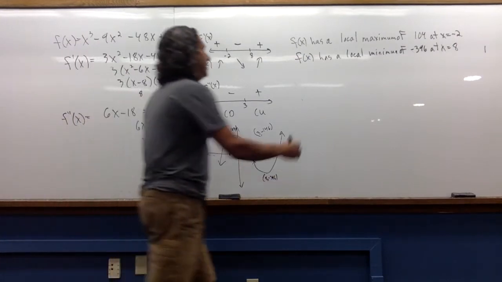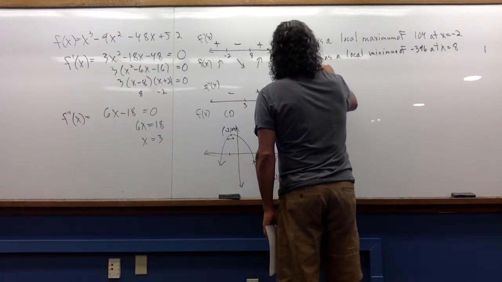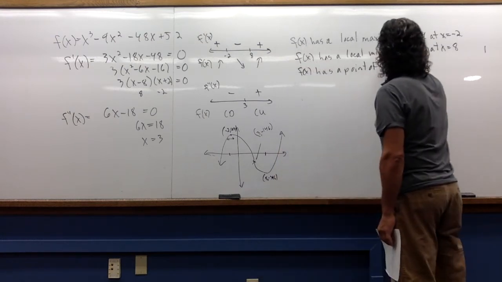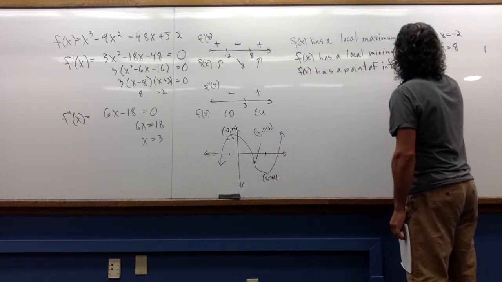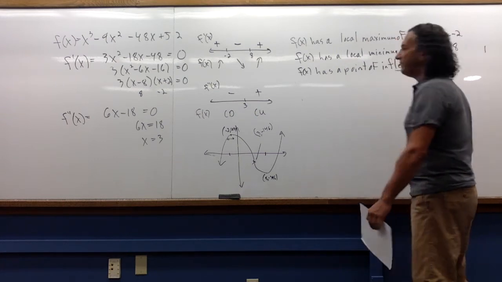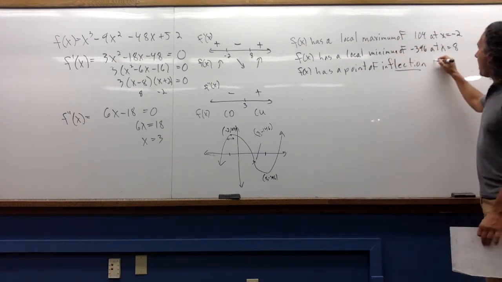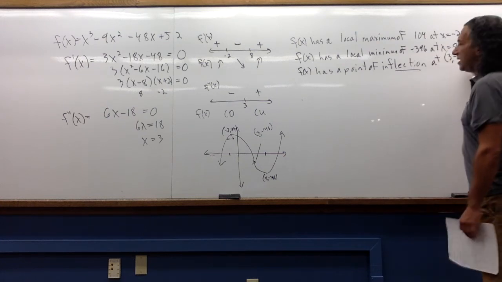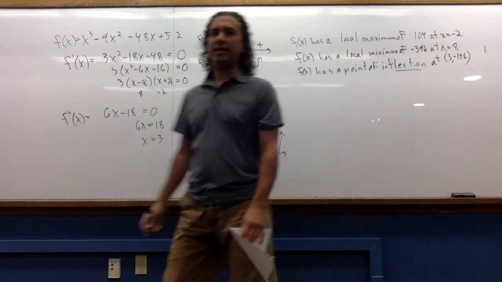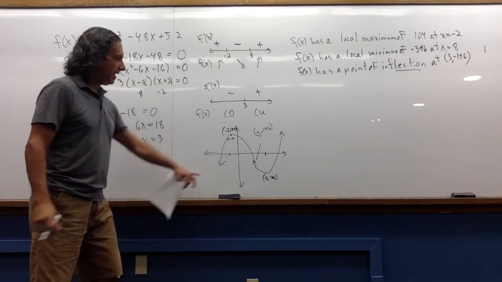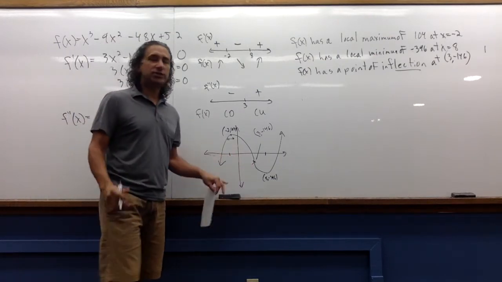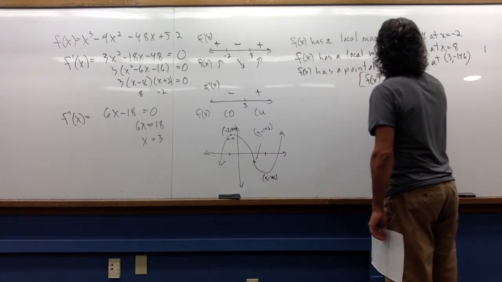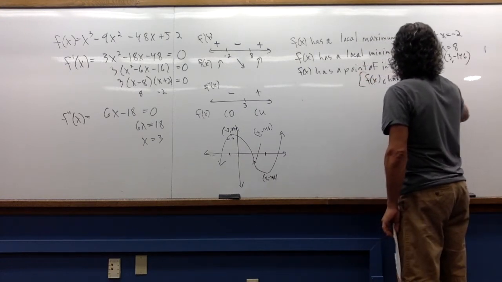And then finally, f of x has a point of inflection at 3, comma, negative 146. So what's a point of inflection? A point of inflection is where my function changes concavity. So at this point, f of x changes concavity.